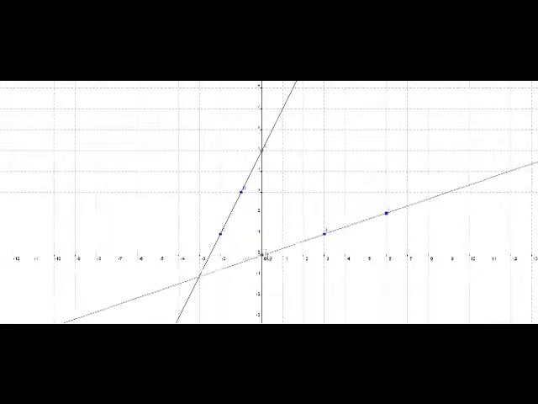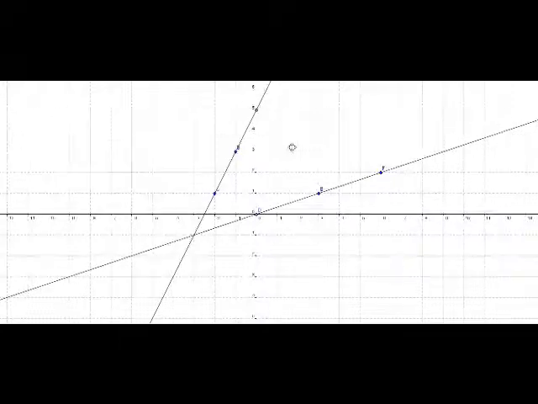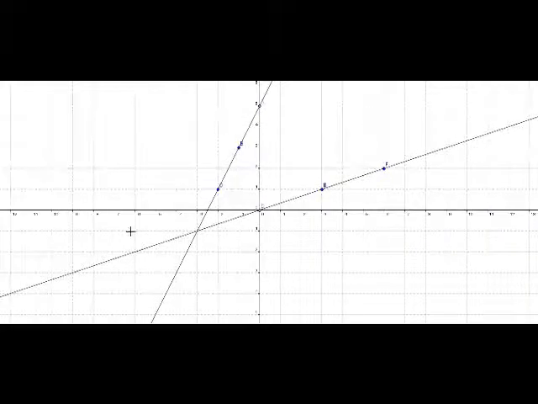The y-intercept of the second line is 0, 0. Up 1, right 3. 1, 2, 3. Join the points. So let me take a snapshot of this.